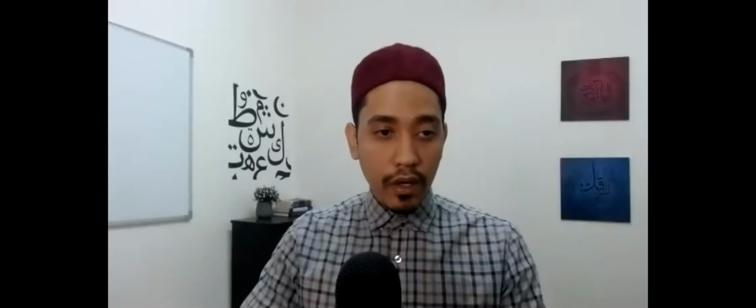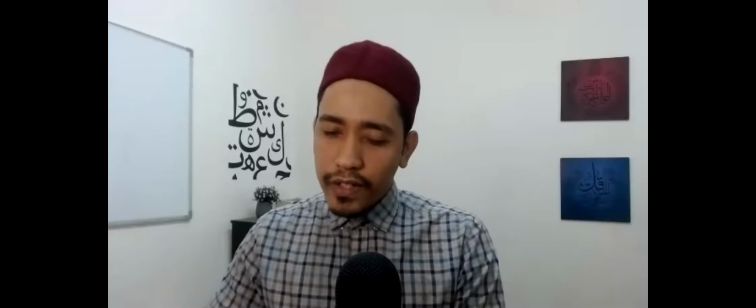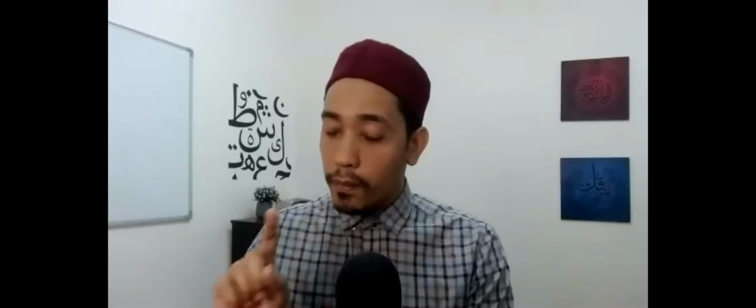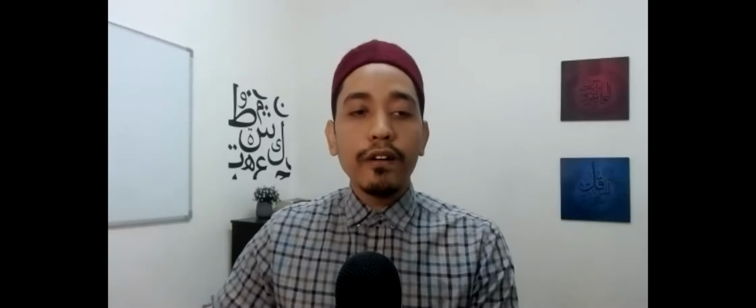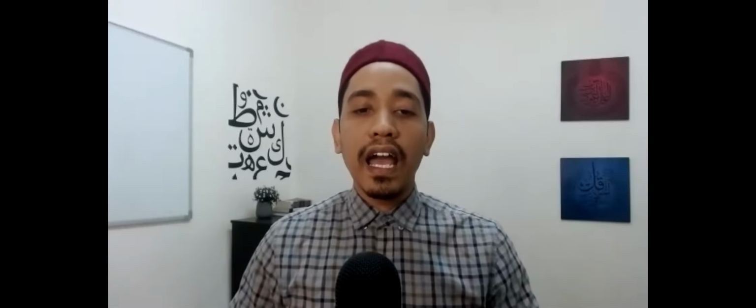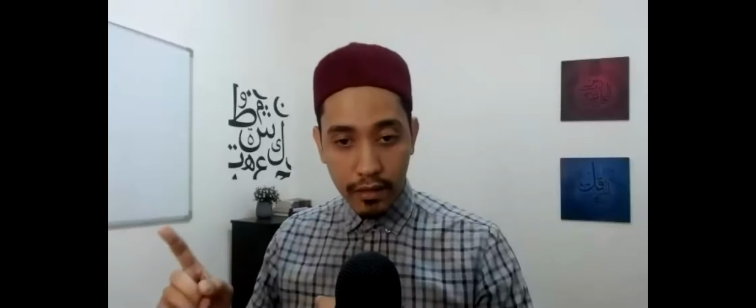Number 1, for the Qaaf, you're going to use a portion of your tongue further to the back than the Kaaf. So instead of ka, ka, ka, it's the back of the tongue, qa, qa, qa. So a further back portion of your tongue. That's number 1. Remember that.